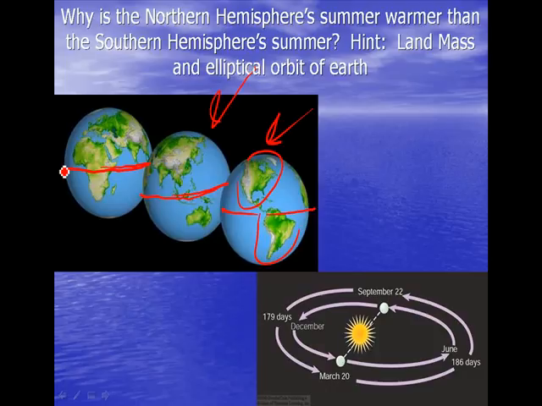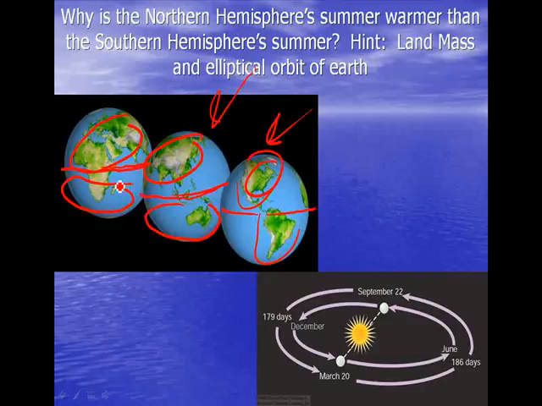Well, the land mass. We have more land in the northern hemisphere, always, than you see in the southern hemisphere. And so we have more water coverage, more oceanic coverage.